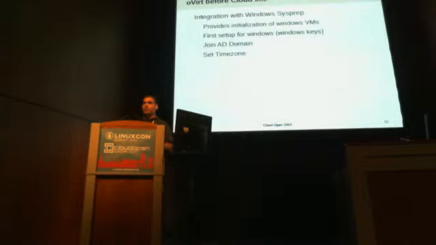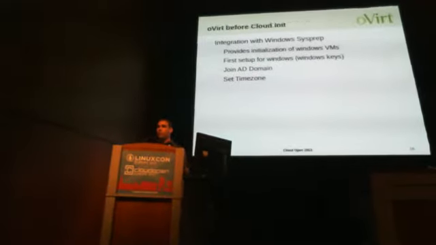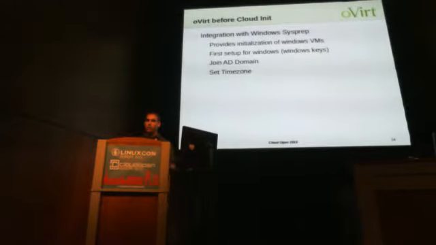Okay, so back to Cloud-Init. What we had before Cloud-Init. Until today, oVirt had integration only with Windows Sysprep. For anyone who doesn't know Windows Sysprep, it is basically a way to configure Windows VMs on boot. It allows you to set the Windows key, set the Active Directory domain, and set the time zone.